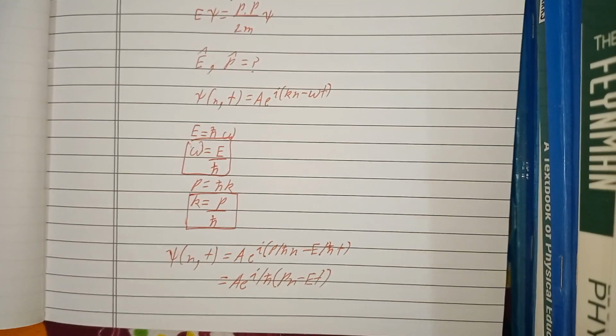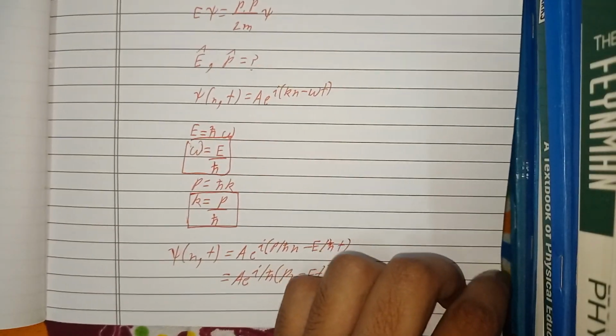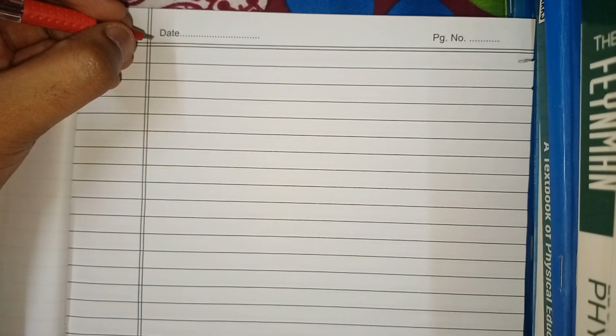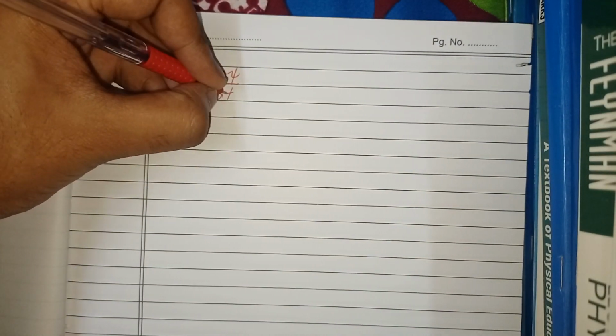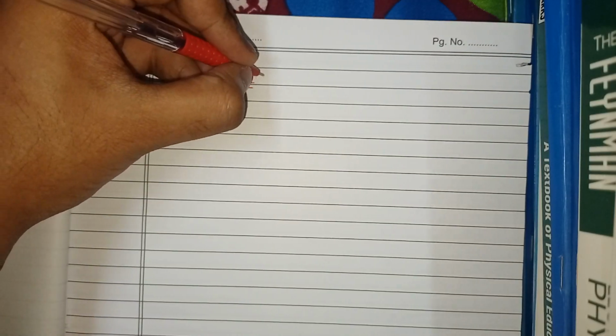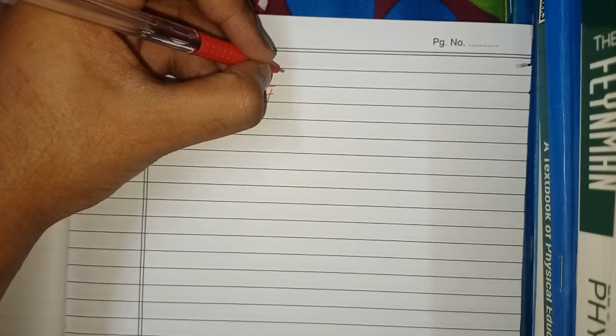So we have to differentiate the wave function with respect to time. Differentiating the wave function with respect to time, we get this. This is the partial derivative.